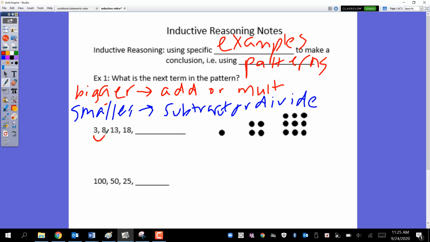I'm trying to figure out 3 plus what number gives me 8. If you can't figure it out, you can always subtract 3. This is an equation, we can solve the equation normally. So you would subtract 3. If you don't already know, that question mark is 5. So right now, I'm thinking that the rule is plus 5.